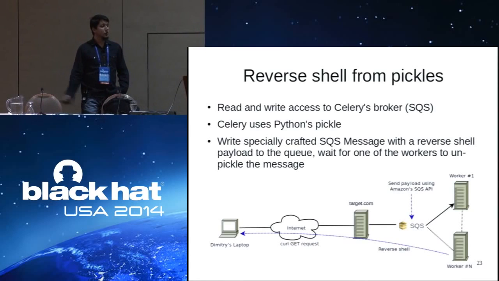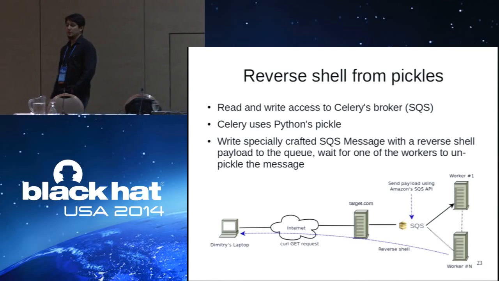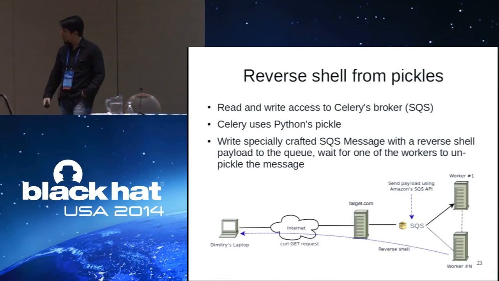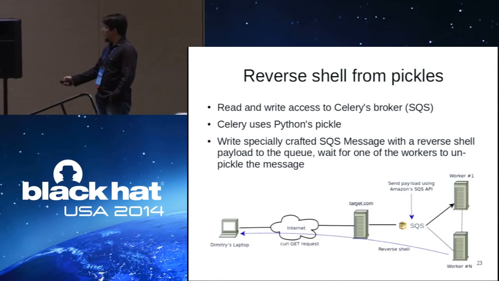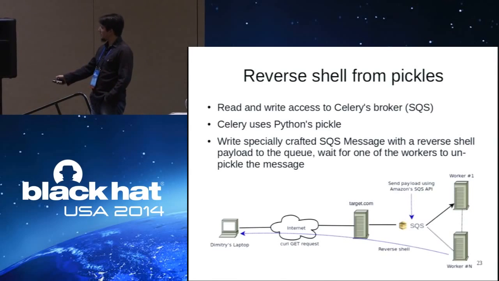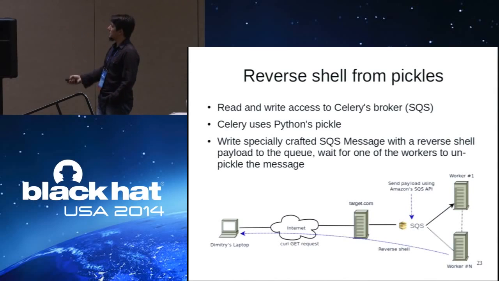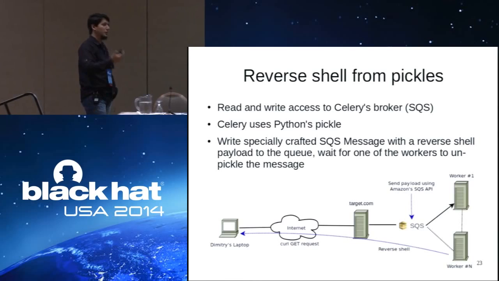So going back to our target system, we know that we can write things to the SQS queue, and we know that the workers are going to deserialize whatever we send to the SQS queue, because that's how Celery works.